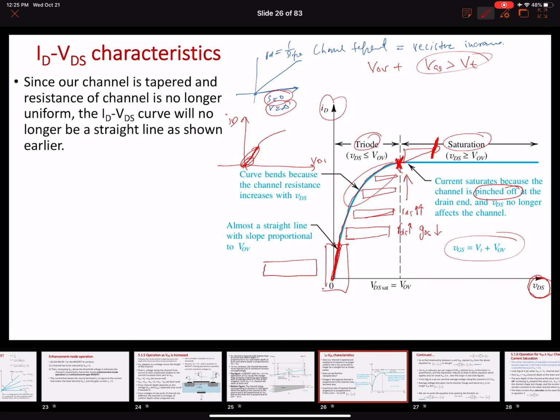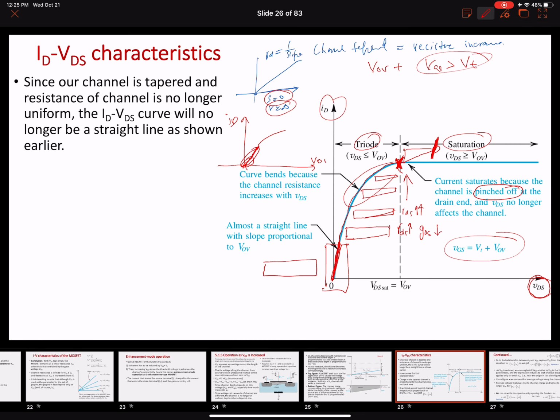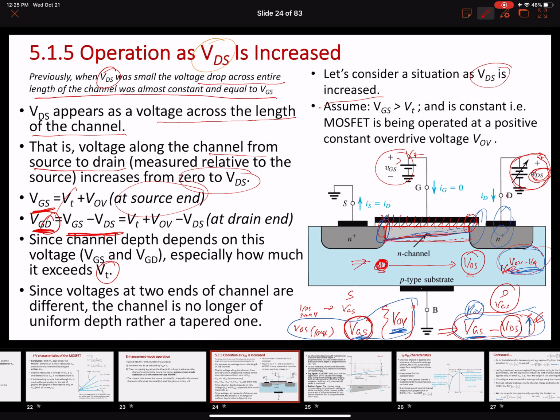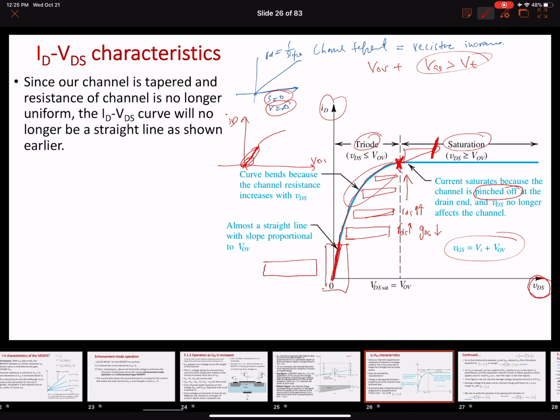At what point will it happen? Again, going back to this figure, you can see that the voltage appearing at the source is VOV, and at the drain it is VOV minus VDS. So when VDS becomes equal to VOV, the voltage over here will become zero.